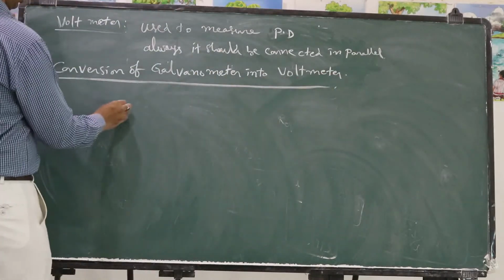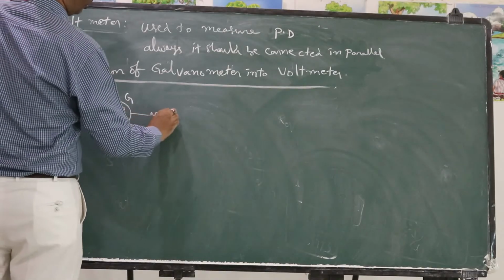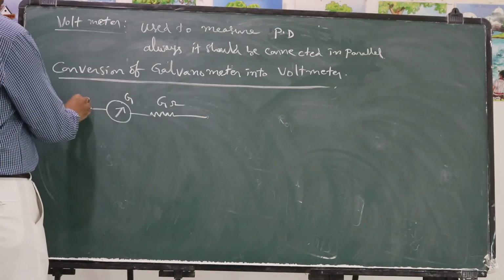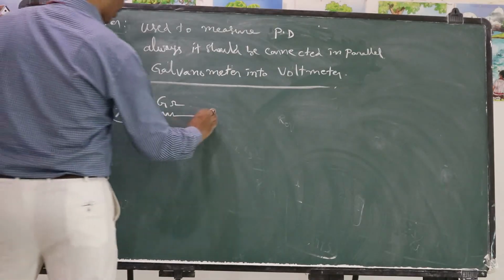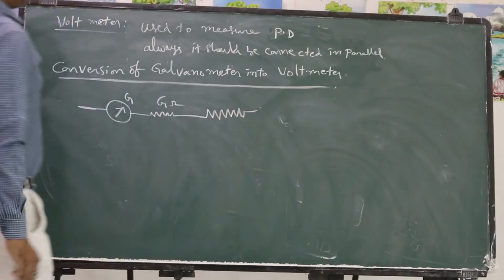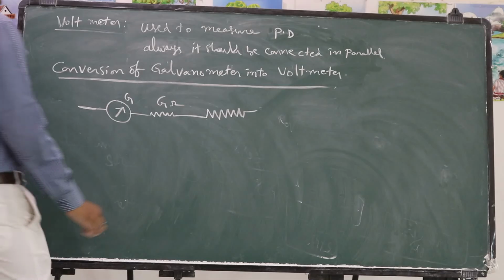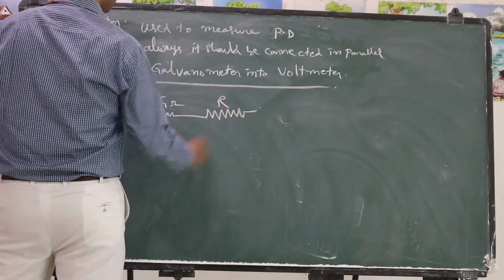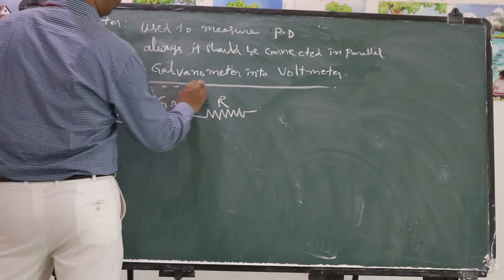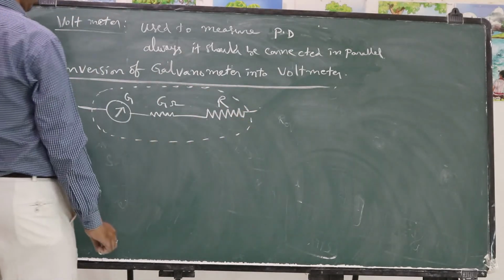You know that galvanometer, suppose it is G, it is having some internal resistance. Let me represent it with G ohms. This galvanometer is connected with a heavy resistance in series. Earlier a small resistance in parallel we connected. Now we are connecting a heavy resistance R in series. Such a combination will act as voltmeter.